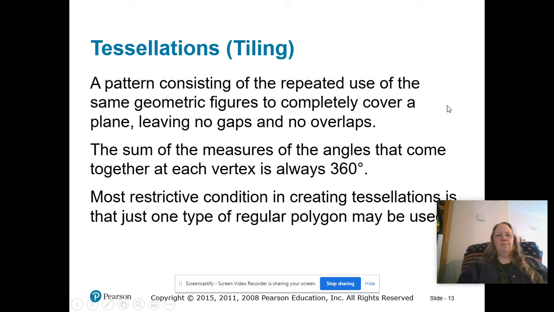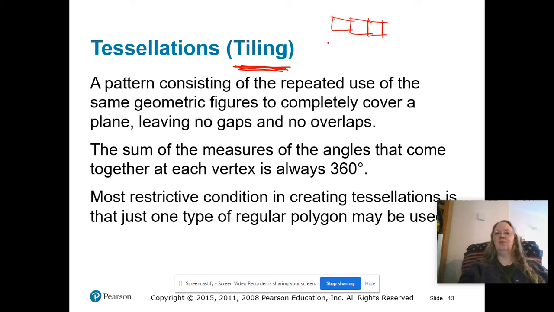Tessellations, another, kind of informal name for tessellation is tiling. And the reason it's called tiling, you guys know like floor tile, that's exactly what we're talking about. With floor tile, there can be no gaps. The easiest floor tile is squares, right?